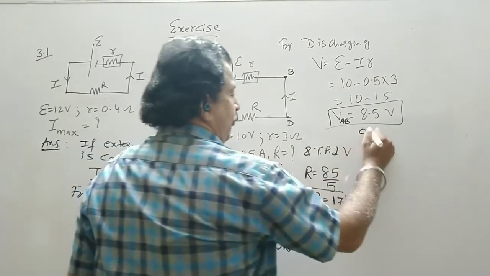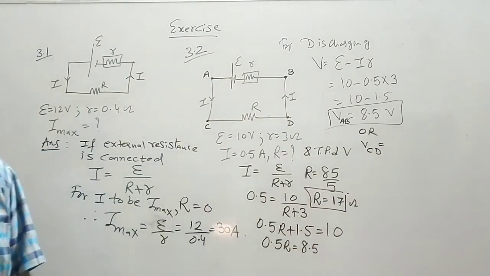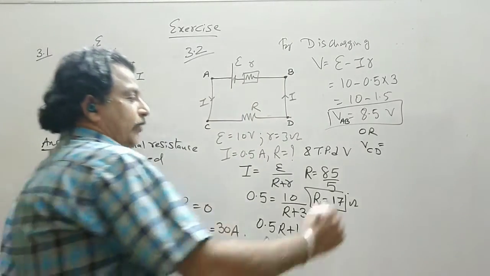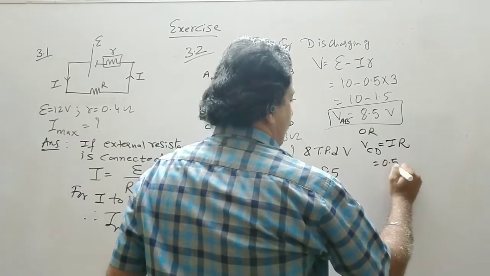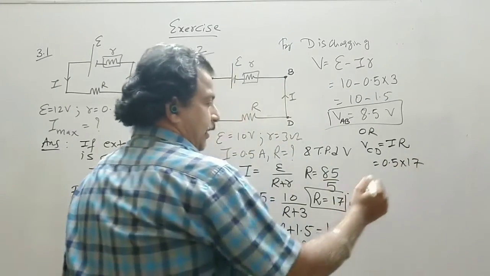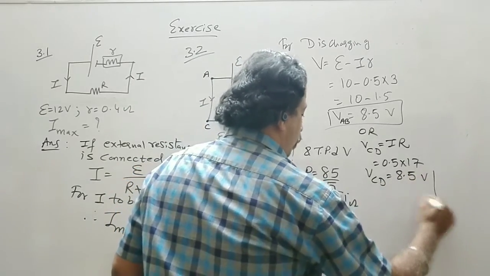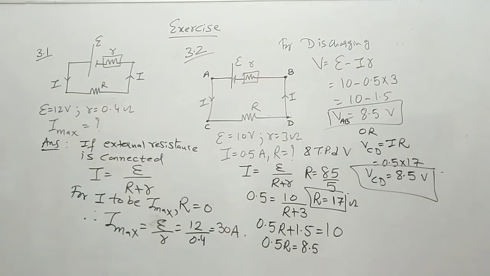So if I want to find out the potential difference across capital R, that will also be a terminal potential difference of a cell. So I will use Ohm's law, I into R. So that is 0.5 multiplied by 17. Again VCD also comes out to be 8.5 volt. So this is the terminal potential difference of the cell.